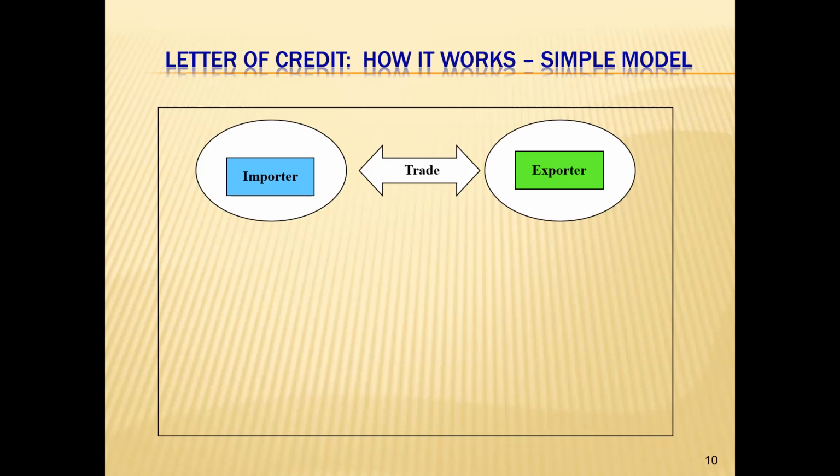But oftentimes, because the exporter is either, let's say in America, one might be on the East Coast, one might be on the West Coast. In the case of the Bahamas, we may be ordering goods, say, from China, or even the US. We are separated by sea. So there has to be some sort of mechanism that would facilitate the payment.